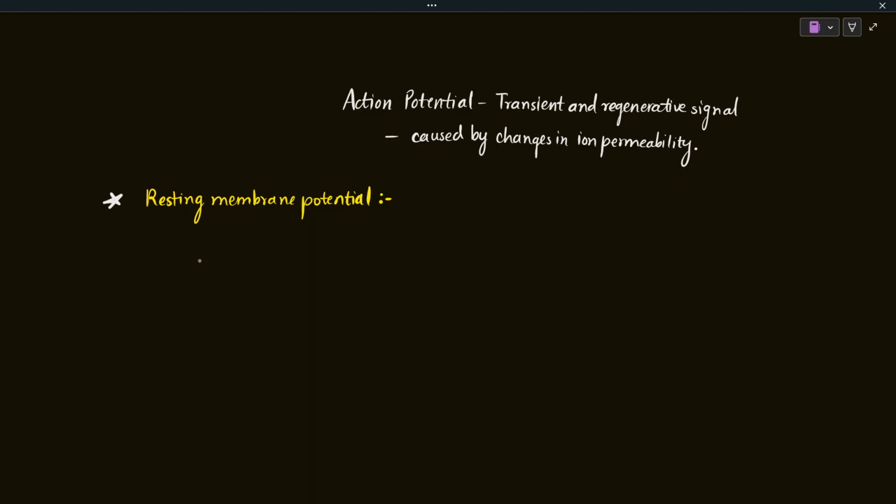In the last lecture, we learned that the equilibrium potential for a certain ion can be calculated by the Nernst equation. At rest, when no stimulus is arriving at the membrane, the membrane potential is nearly equal to the equilibrium potential of potassium ions.